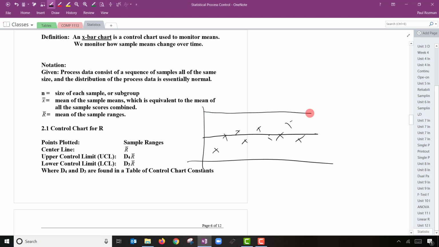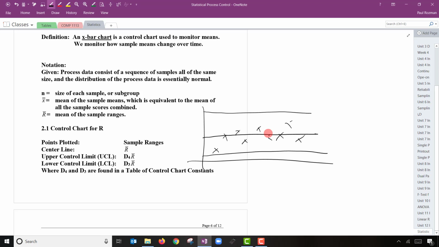There'll be an upper limit and a lower limit, and then we'll plot this, and hopefully we can make some deductions or figure out if the process is under control or not based on a plot like that. You'll see an example in a second.